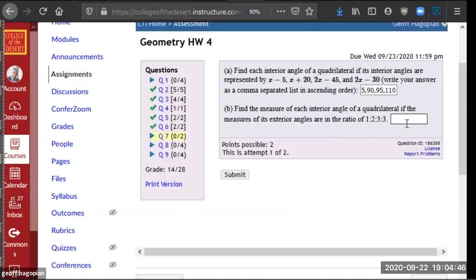Then if the measure of the interior angle, so they're in the ratio of this to that, so that means that the ratio of the first to the second is x to 2x. So I'm going to say, all right, that's x plus 2x. And then the next two are in the ratio of 3 to 2.